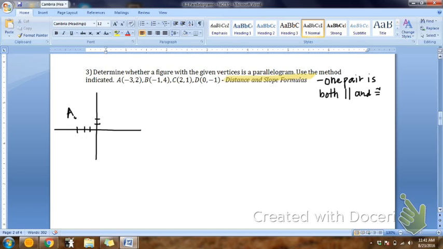Make sure that you are labeling. -1, 4. 2, 1. 0, -1.